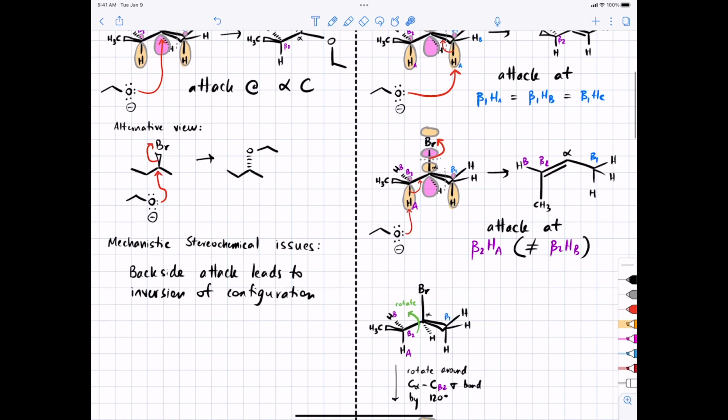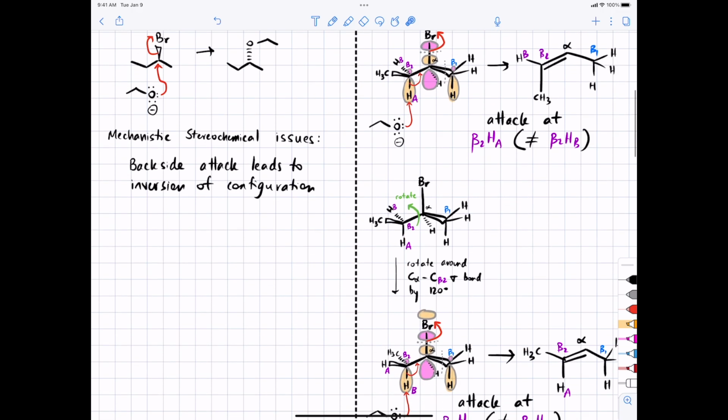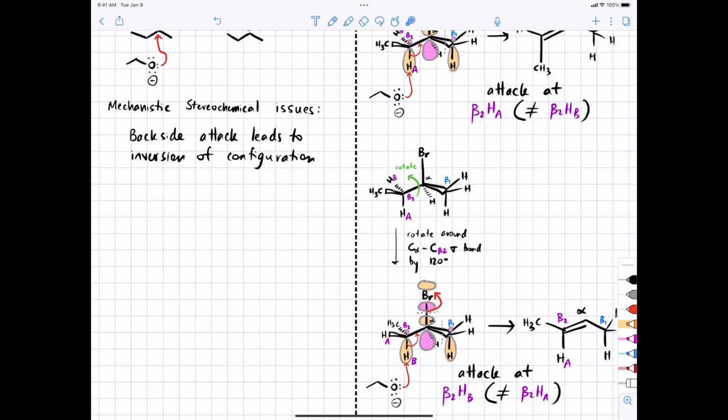For example, if we start with the same structure shape that we have up here, and we rotate around the bond between purple beta 2 and alpha, such that beta proton B swings down to become anti to the leaving group. If we do that, the methyl group would be pushed back into the page, and proton A would swing up, and we would end up with this structure.